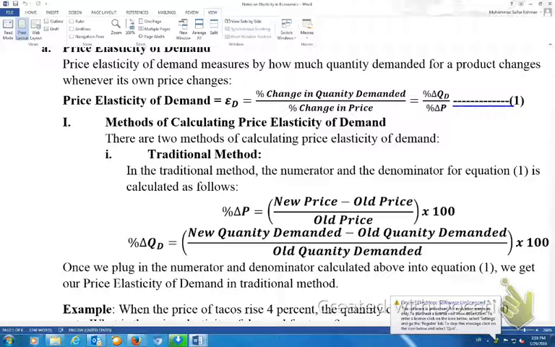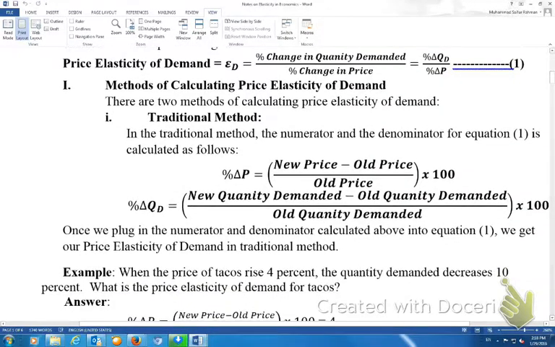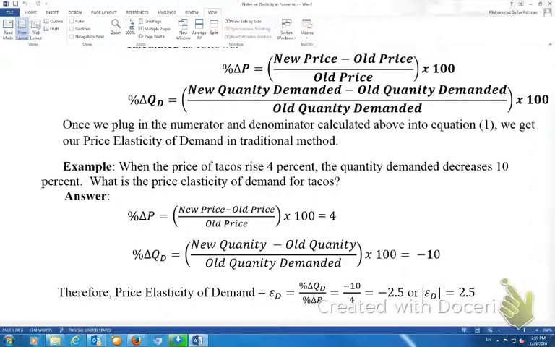And that's why sometimes we do not use the traditional method to calculate price elasticity of demand. What we do, however, is use the second method, which I'm going to look at in a minute, called the midpoint formula, which is more concrete and less controversial. But if you are given sufficient information, we can really use this traditional method to calculate price elasticity of demand. So let's look at an example.